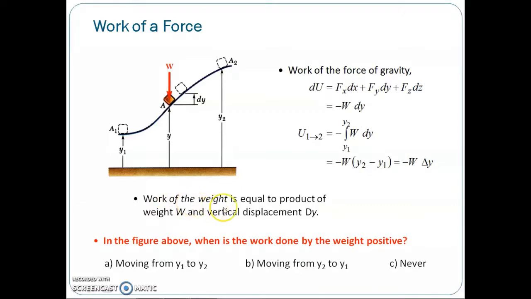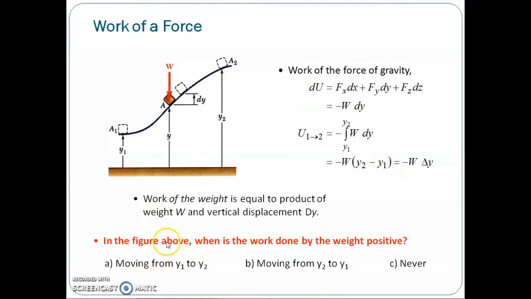The work of the weight is equal to the product of the weight W and the vertical displacement delta y. So in the case of the body moving upwards from y1 to y2, where y2 is larger than y1, then we are saying that the work is negative.